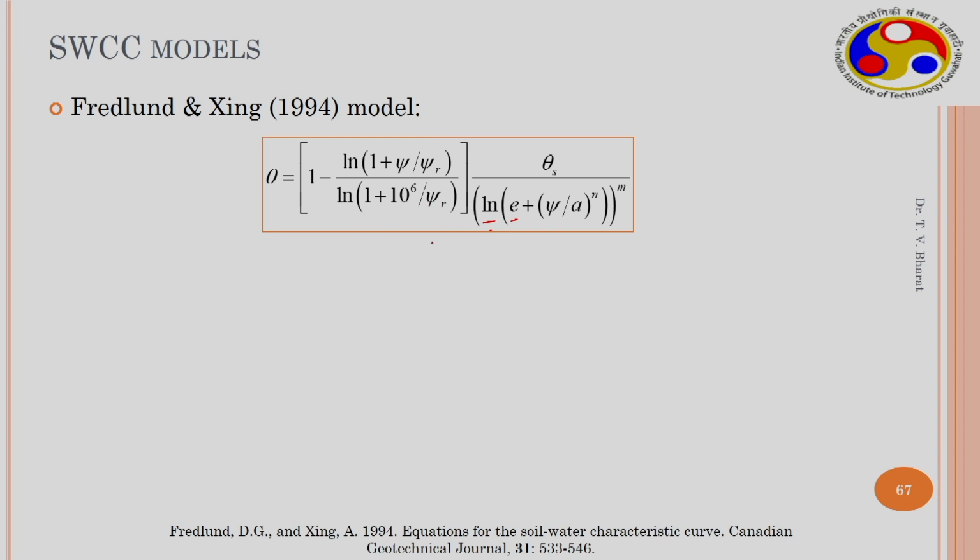Here psi r is the suction corresponding to residual water content, and Fredlund and Xing often mention that theta r determination is also difficult, therefore that also adds up as one of the fitting variables. So in the Fredlund and Xing model you have another fitting variable, that is psi r, the suction corresponding to residual water content. This value is often modeled along with other fitting parameters like a, n and m, or psi r is substituted with 1500 kilopascal in some of Fredlund's works.